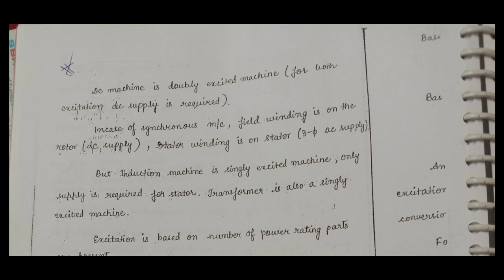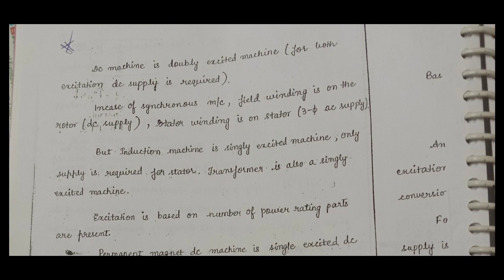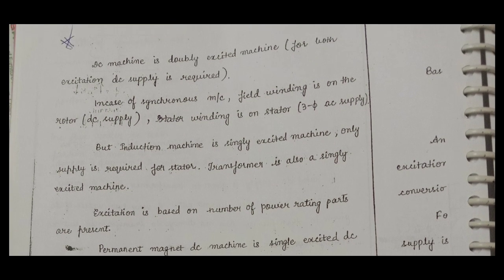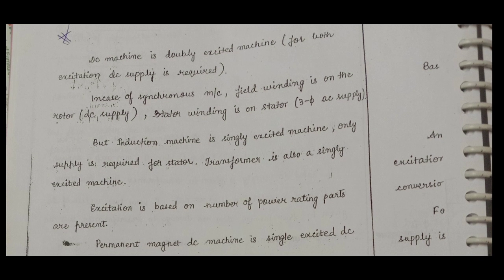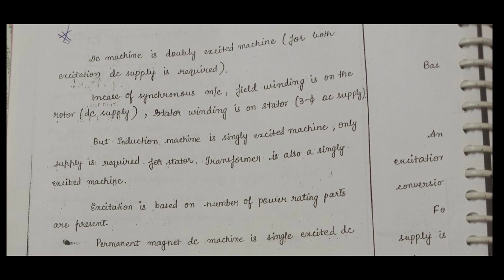DC machine is a doubly excited machine, with excitation for both windings. In case of synchronous machine, field winding is only on the rotor.